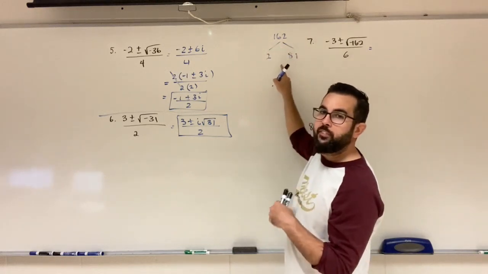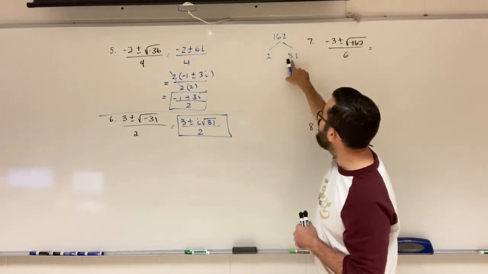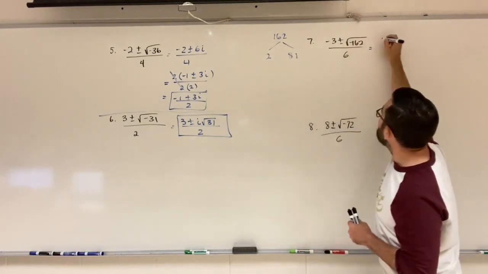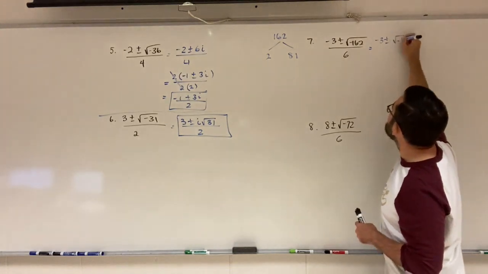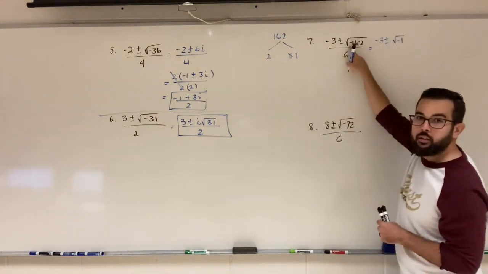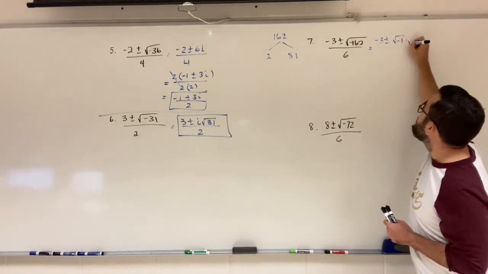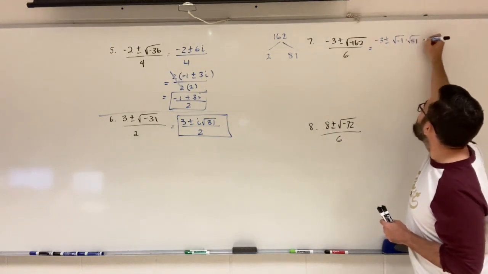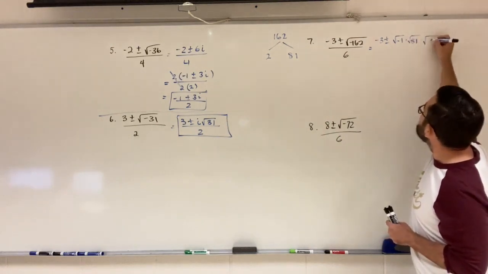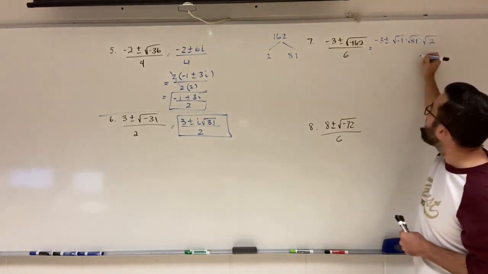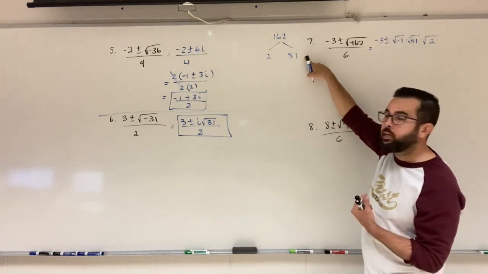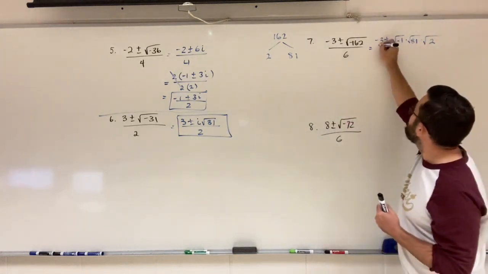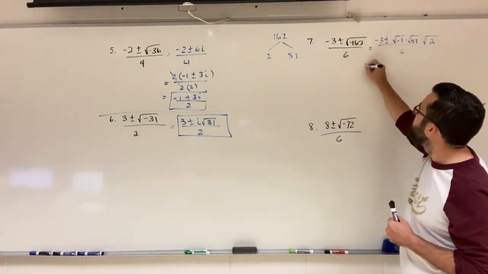Now, when you're doing the factor tree, if you see a perfect square, I'm going to rewrite that as -3 plus or minus. Well, first off, I'm going to take that -1, put it underneath the square root, times the square root of 81 times the square root of 2. Okay, I'm not going to break this down because I know that 81 is a perfect square. So this is all over 6.